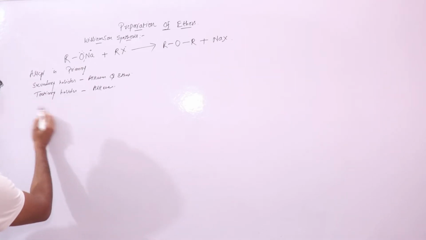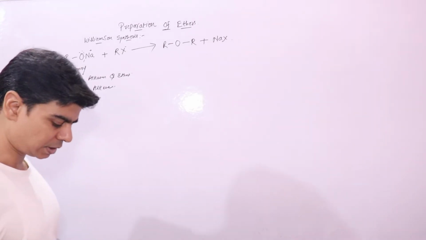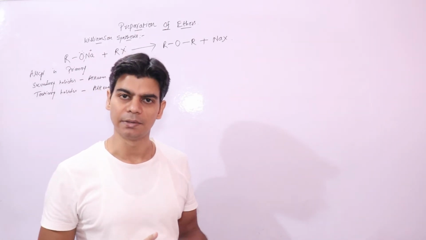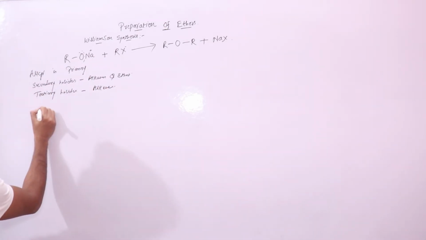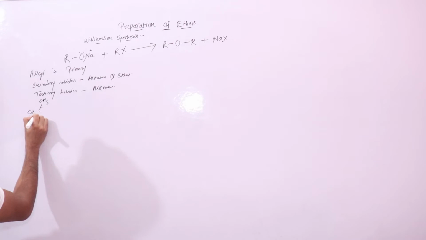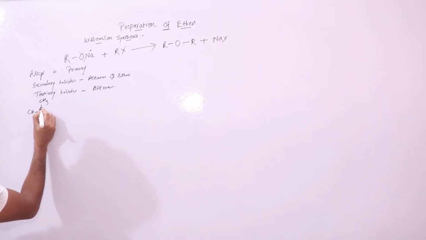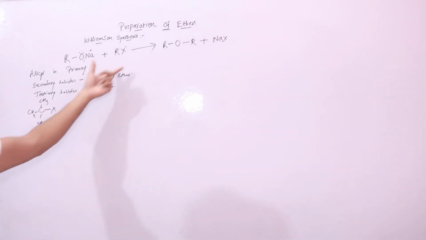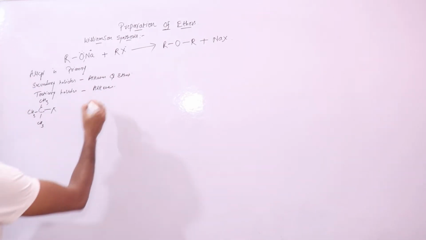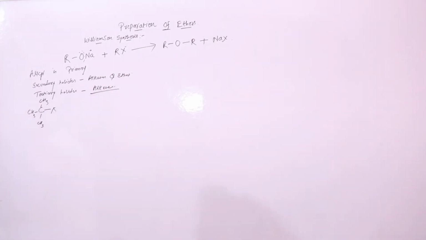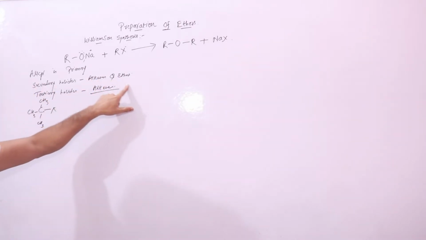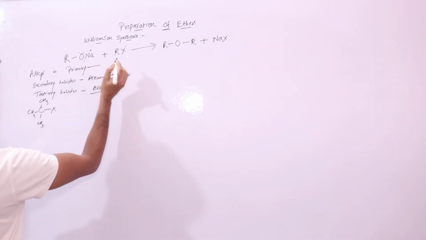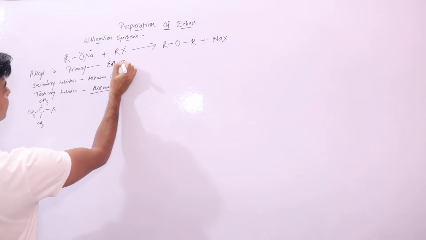The reason is that tertiary halides, we know, are those where the carbon atom is connected directly to 3 other carbon atoms, like this. Here this is your tertiary carbon atom, which is connected to 3 other carbon atoms. So if I take this type of halide in Williamson synthesis, what I will get is an alkene and not an ether. In case of secondary I'll get a mixture. In case of primary I'll get ethers.